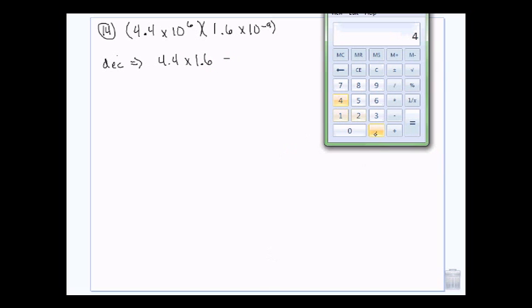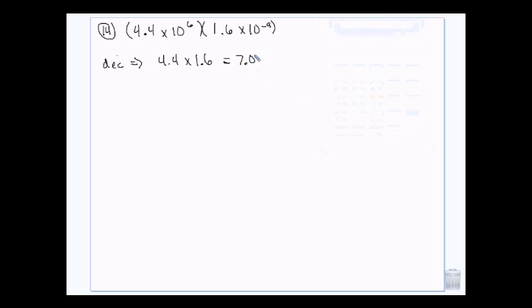Well, I'm going to cheat. So I get 7.04. For the exponent part, I have 6 plus negative 9, so it gives me negative 3. So my answer to this problem is 7.04 times 10 to the negative 3. This one I don't have to adjust because it's already in the right place.